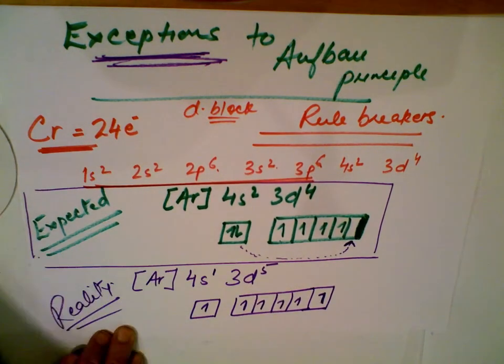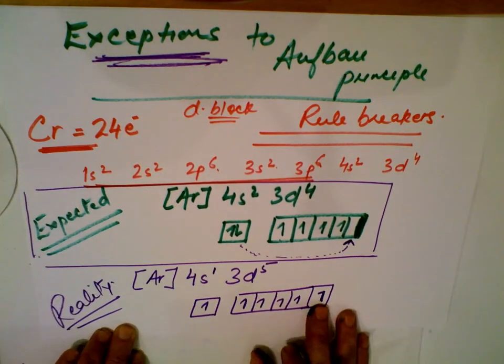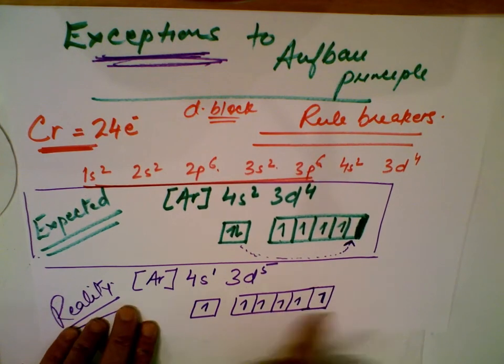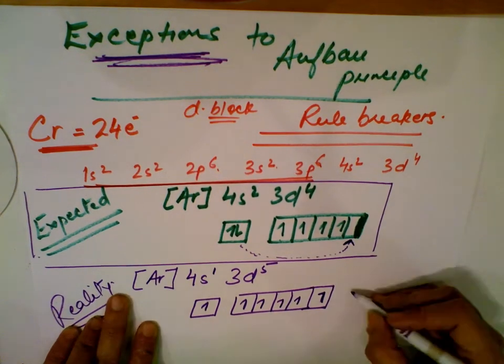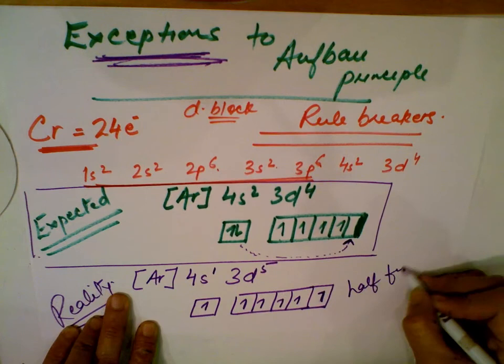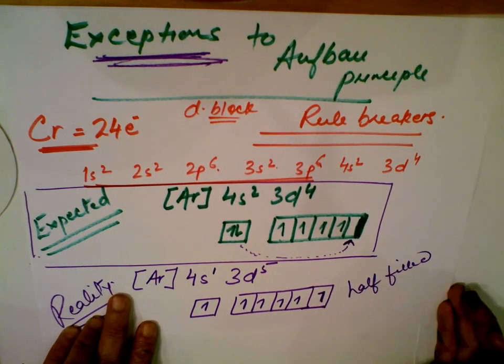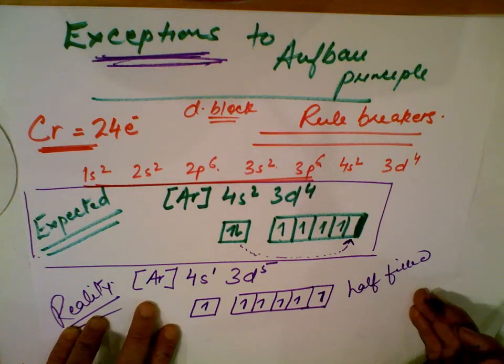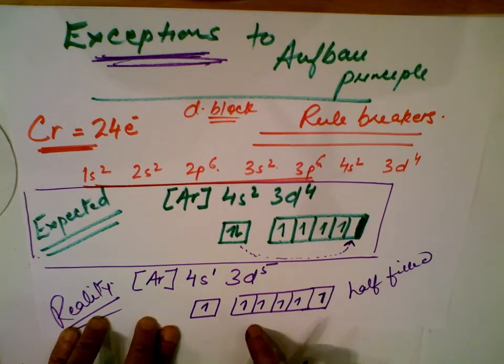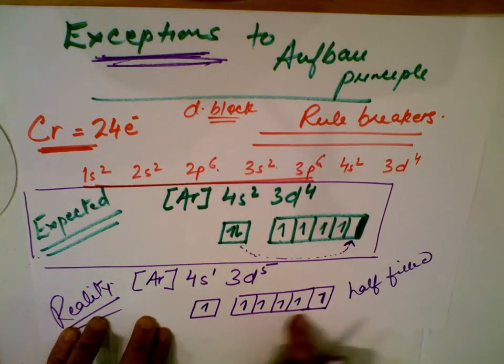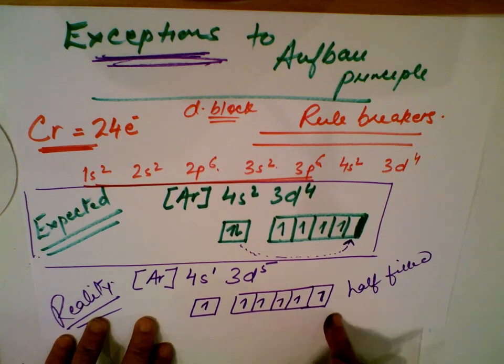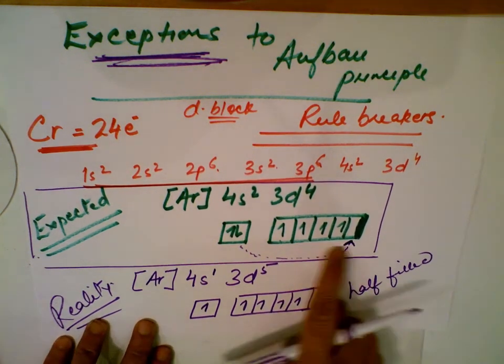Now why does that happen? Because we tentatively agree that half filled, this is a half filled d orbital, that completely half filled or completely filled d orbitals are more stable. So here this completely half filled d orbital is more stable compared to the partially filled.